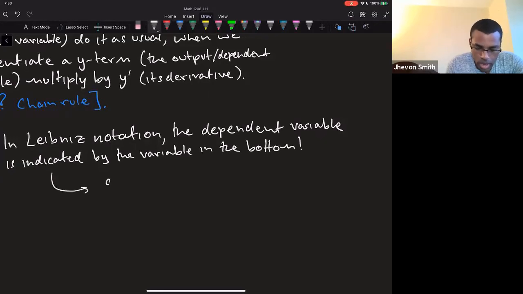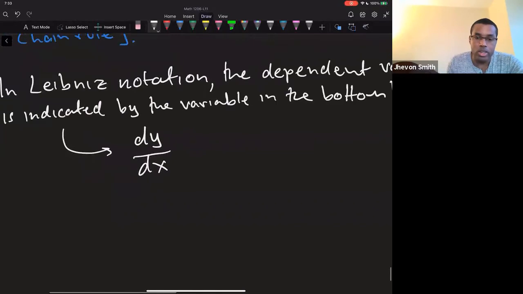So when we write dy dx, this is another reason why Leibniz notation is actually a lot more functional. It's already telling you a lot of things just by writing down that notation.